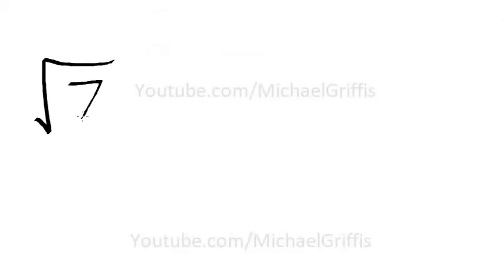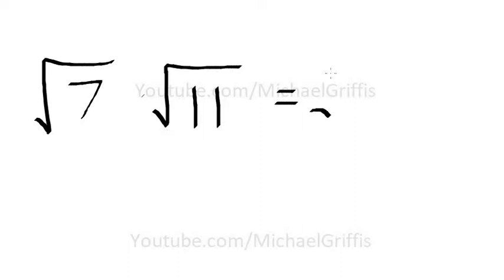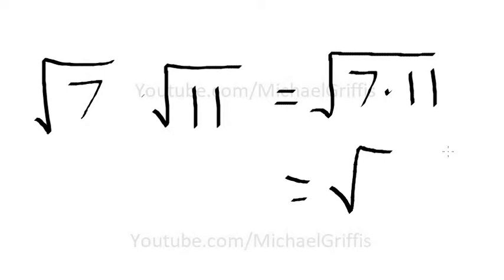Let you figure this one out. The square root of 7 times the square root of 11. We can bring both of those under the radical, and that makes that the square root of 77. All right, let's take a look at another one here.